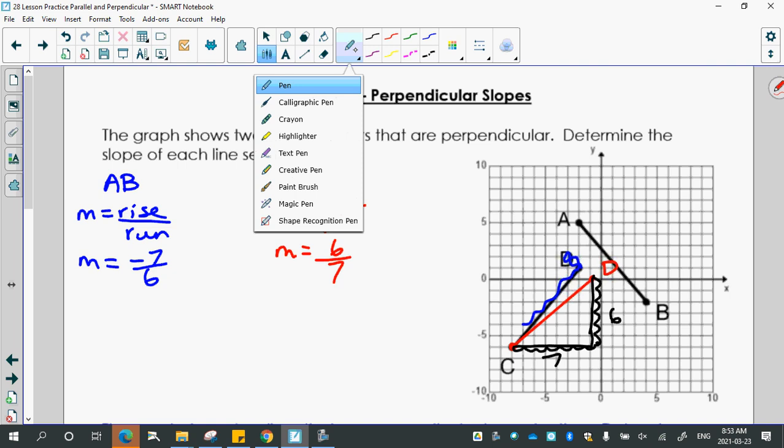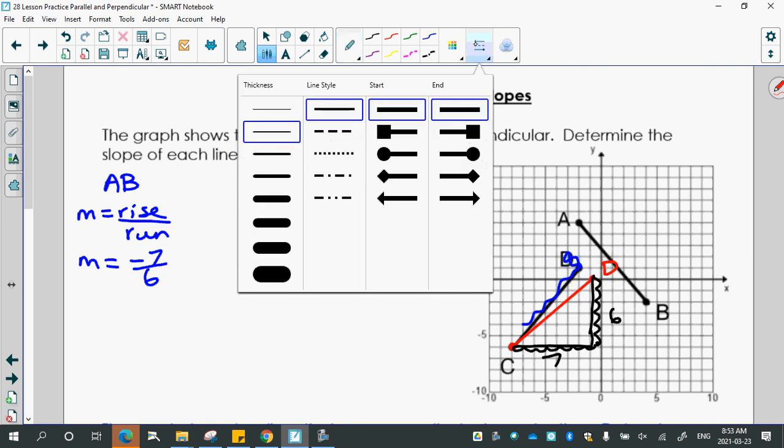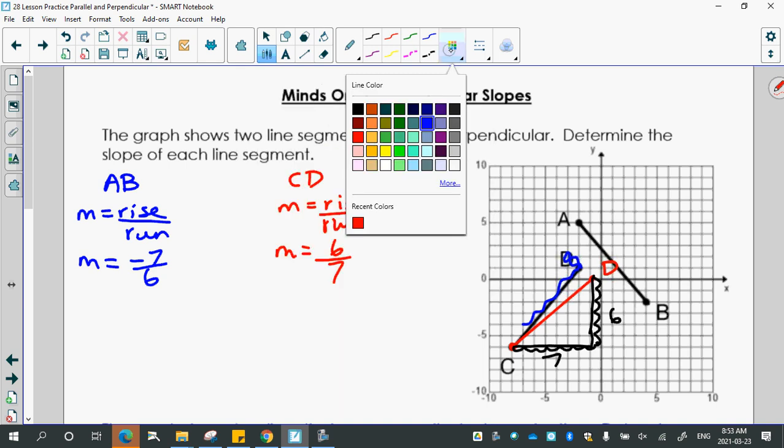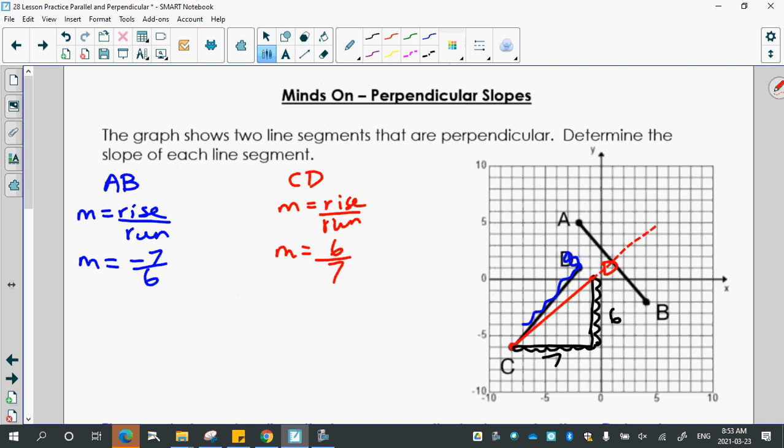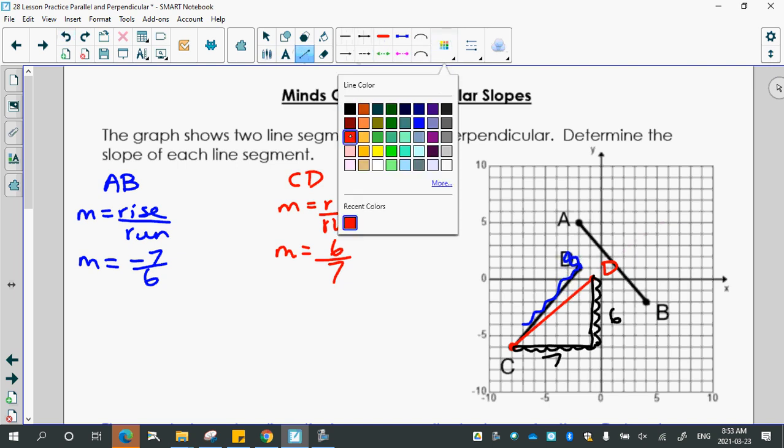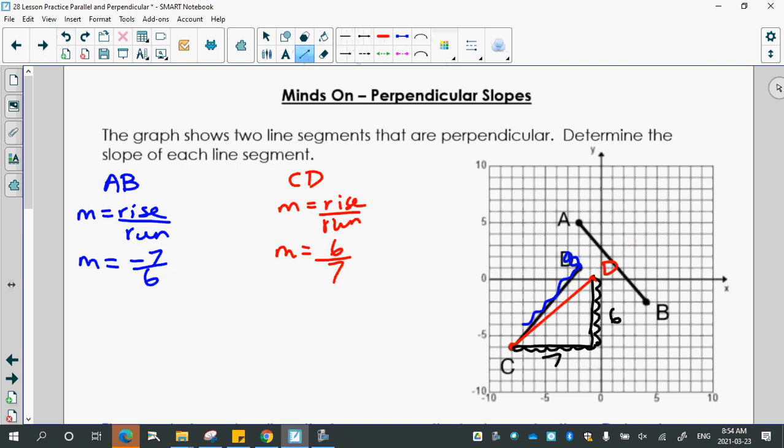So let me get a dotted line here. Dotted, red. So if you were to extend that line, dotted, red. It should look like this, they meet at a 90-degree angle, okay?